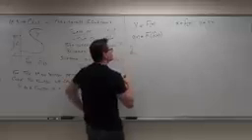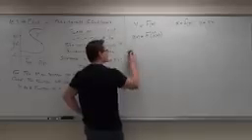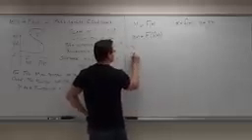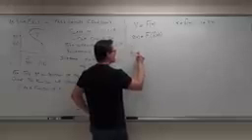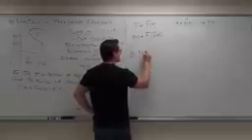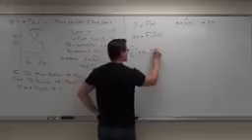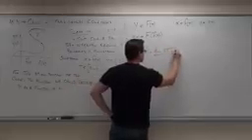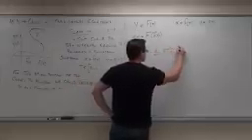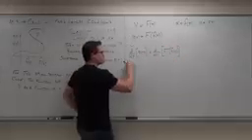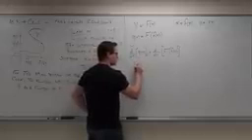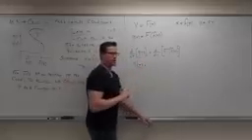I'm using two different notations, Leibniz and Newton, so it looks a little funky. But if I do this, the derivative of g with respect to t is g prime of t. Do you see the notation at work here? Are you okay with it?